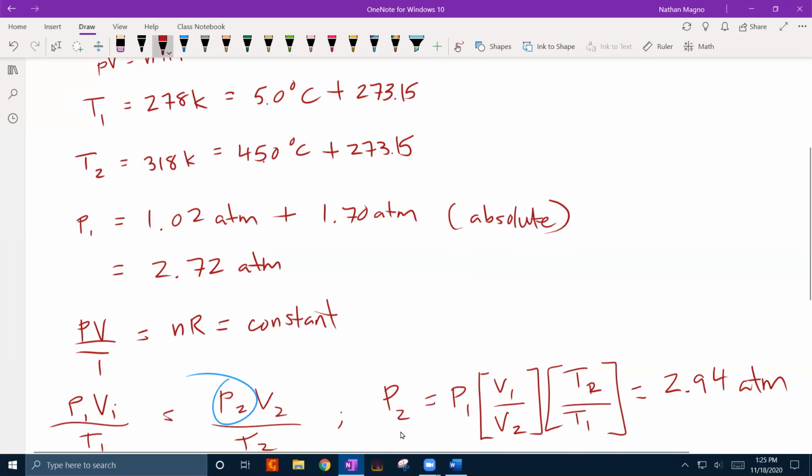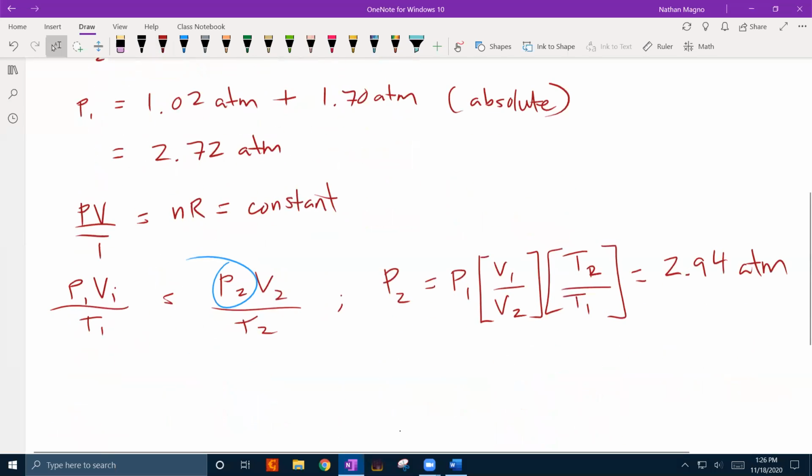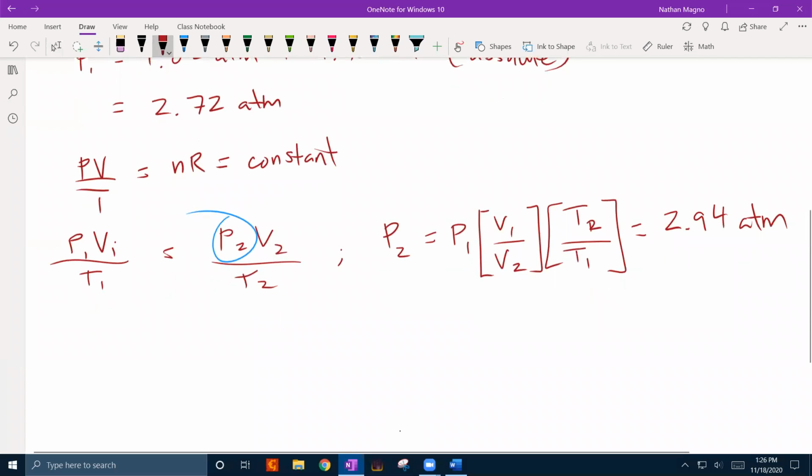Now, remember what Thomas said in the beginning. This pressure that we have, the 2.94, that's the absolute pressure. So that's the atmospheric plus the gauge. So we need to subtract the original atmospheric pressure from this P2. If that makes sense. And yeah, stop me at any time.